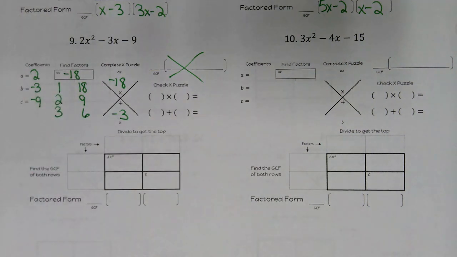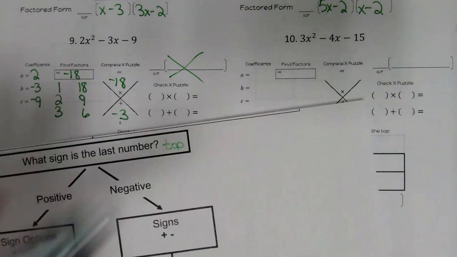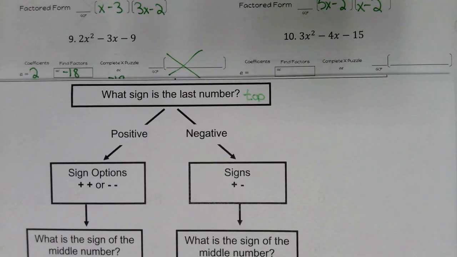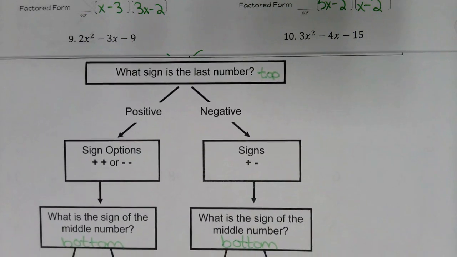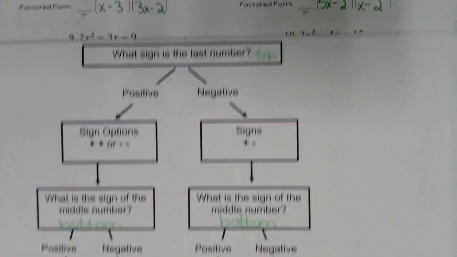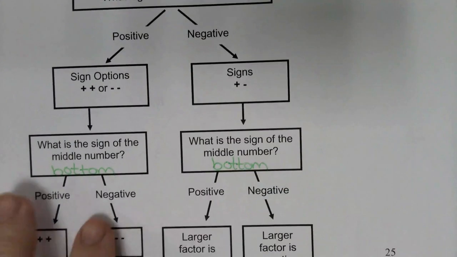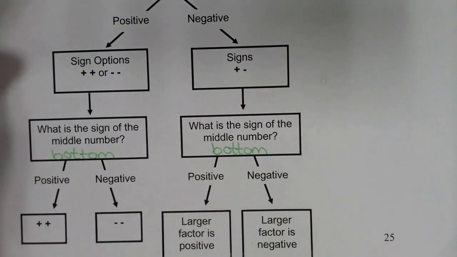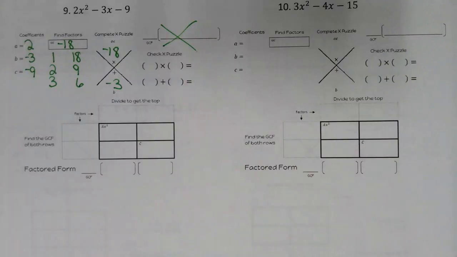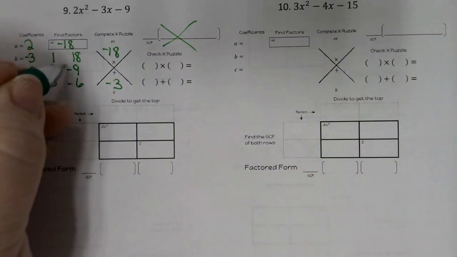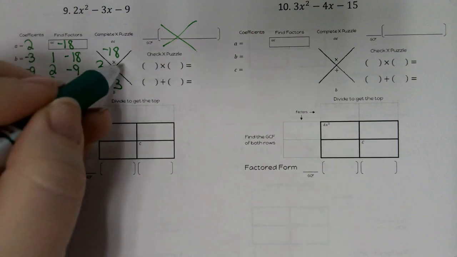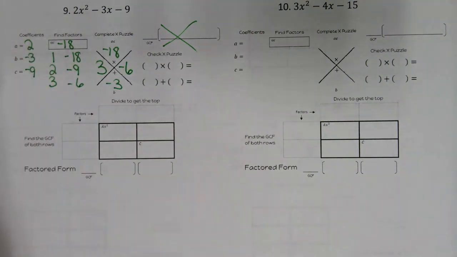Following your factoring flowchart, we have the sign of our top number is negative. The sign of our bottom number is also negative, so we want our larger factor to be negative. So 3 and negative 6 is the pair that works.